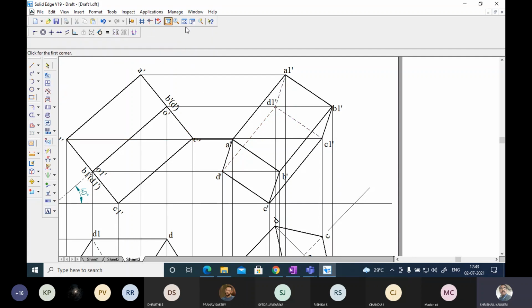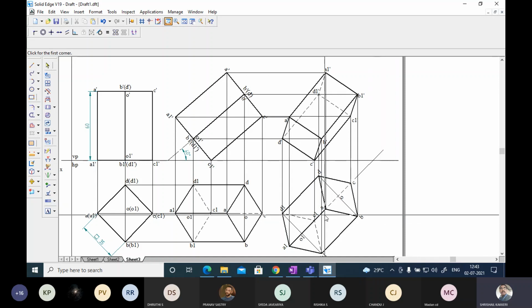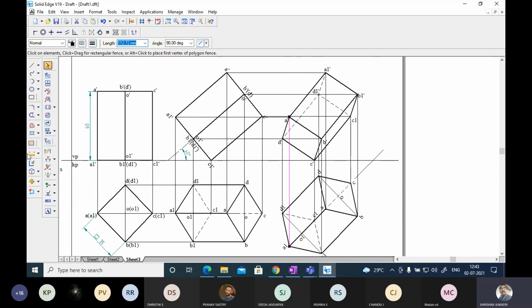The next important thing is to show the axis line. Let me take one line from this intersection, from here also. We are meeting at this point here and here also.